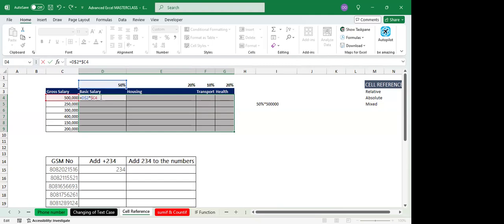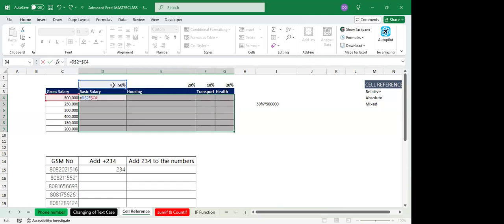Look what I have done. Before I go further, I want you to look at this locking system that I've done here and try to understand it. Do you understand it? When I move down, this 50% must remain. But if I move to this place, 50% can come to 20%, because I need this 20% to be active here, I need this 10% to be active here, and I need this 20% to be active here.